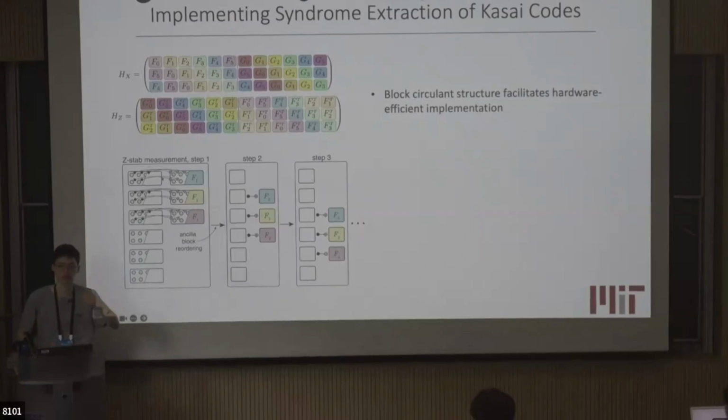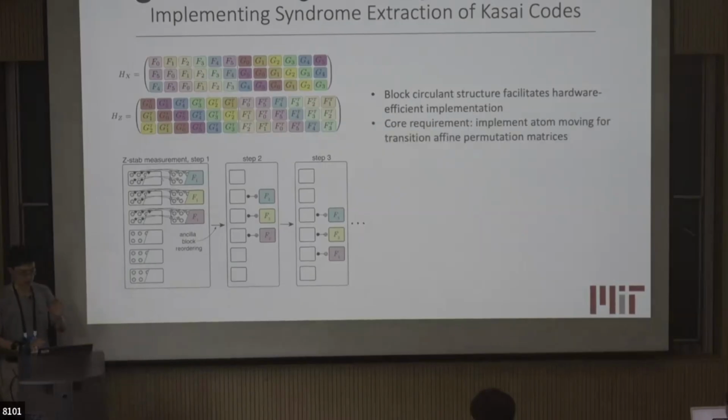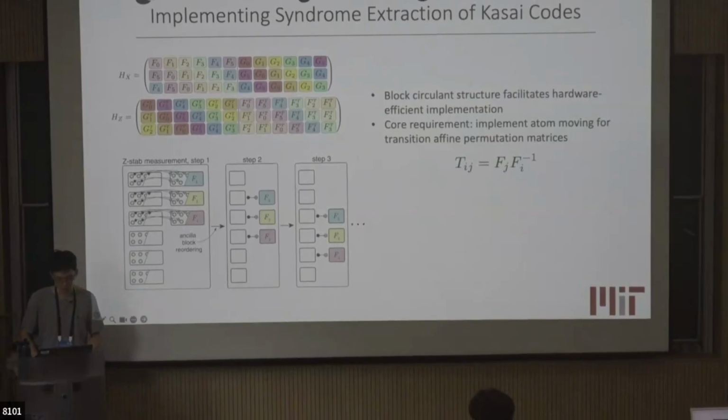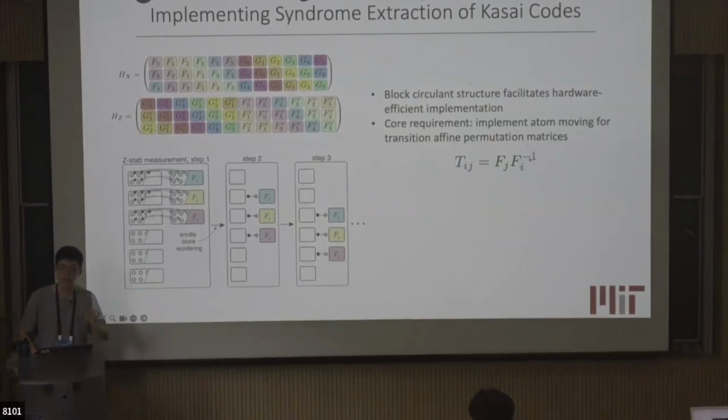You just shift across the system to obtain the movements for the blocks. But you still need to implement the inner affine permutation, right? So essentially what we want to do to transition from one gate interaction into the next one is to undo the previous one, do the inverse, and then match the ancillas to what they should be.